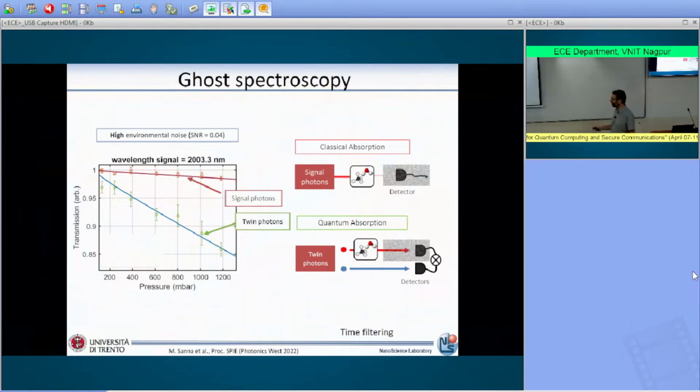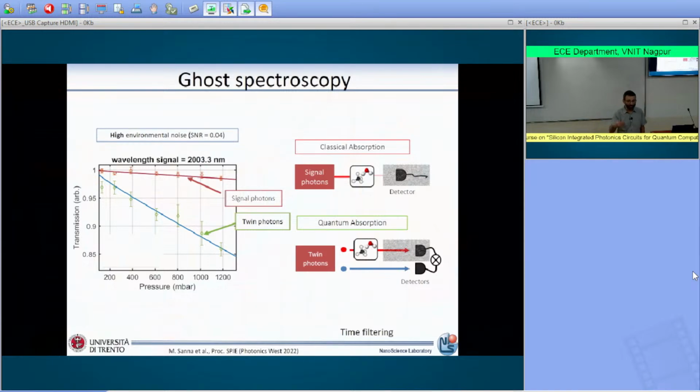Look here, what you have is the change in the transmission when you are changing the pressure inside the gas chamber. In the case of a standard, classical measurement, you see that by changing a lot the pressure in the gas chamber, you get a very weak change in the transmission, meaning that the sensitivity is extremely low.